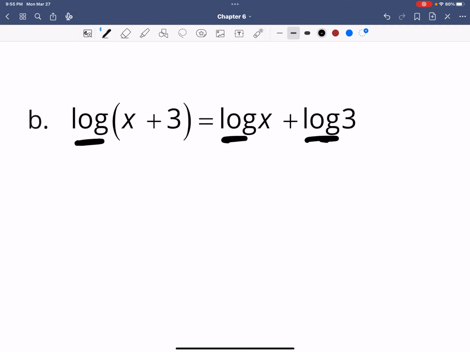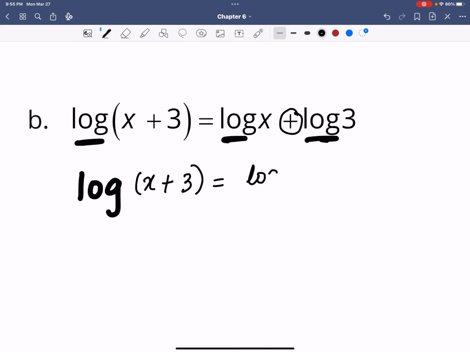Of course I can. So I'm going to have log of x plus 3 is equal to, addition becomes multiplication, double log becomes single log. So x times 3 is 3x. Okay, now I have the same log, same base, because if I don't see the base, it is automatically a 10.